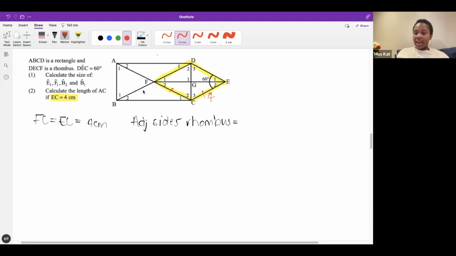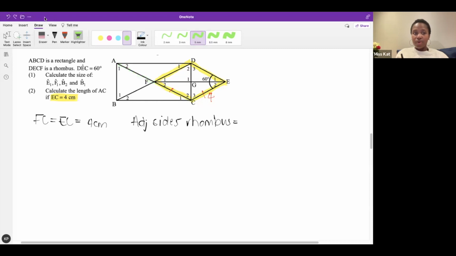How long is AF? Now let's look at AF. AF is this one. It's part of the diagonal. How long is AF? No, guys, we're not talking about angles. We're talking about the length.